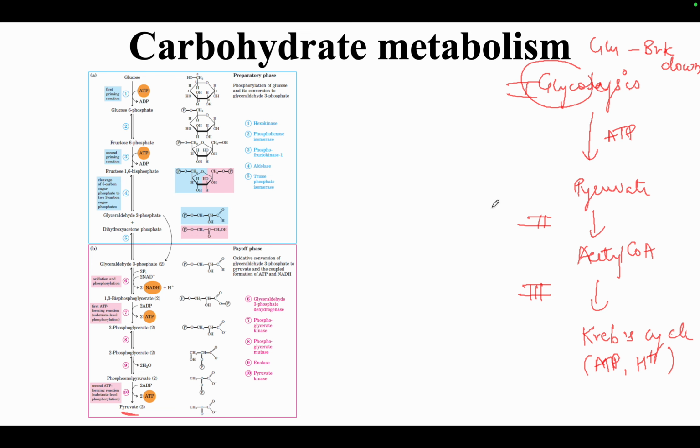Let's first dive into glycolysis. As you can see, we have a glucose molecule here, and this is the first step of glycolysis, which is very important. Glucose is converted into glucose 6-phosphate. So we have a cell, and glycolysis takes place in the cytoplasm of the cell. This is very important.